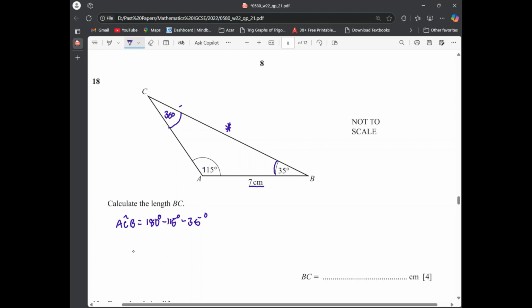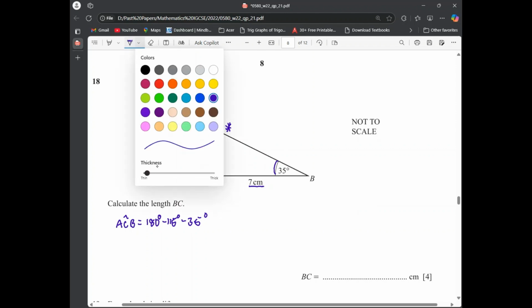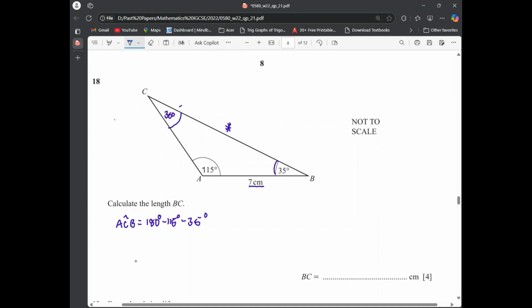Then we are going to use the sine rule. Because we want to find the length, I would say BC divided by the sine of the opposite angle to that length that's required, which is 115, is equal to any other two known angle and side.